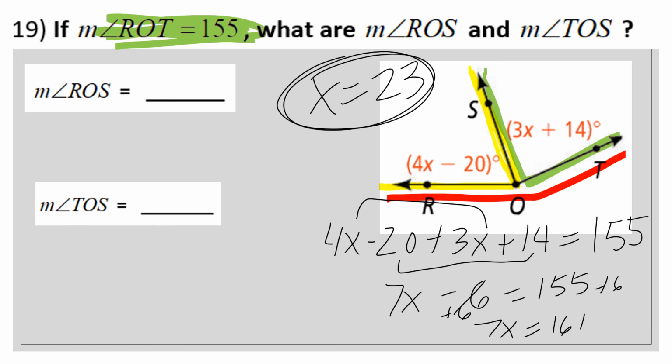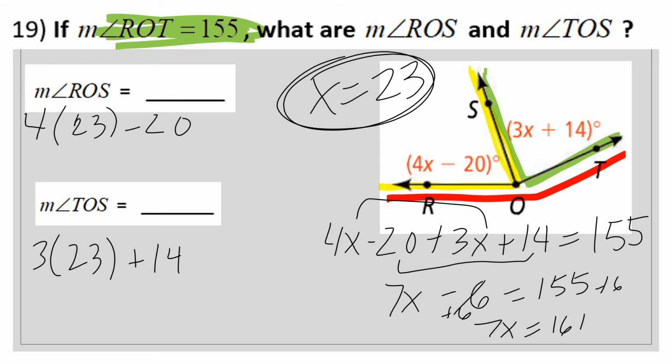So you can use that to help you find the measures of angle ROS and the measure of angle TOS. So I'm just going to plug that 23 in. So 4 times 23 minus 20, and 3 times 23 plus 14.